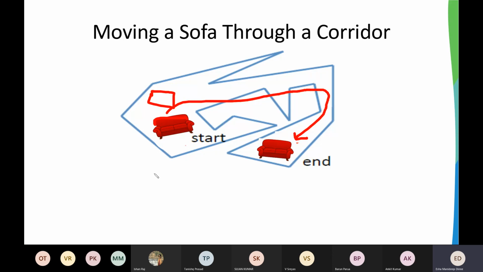So you can compute the convex hull of the sofa and test whether you can move that from start to end. It is easier to code actually. So this is another application of convex hull.